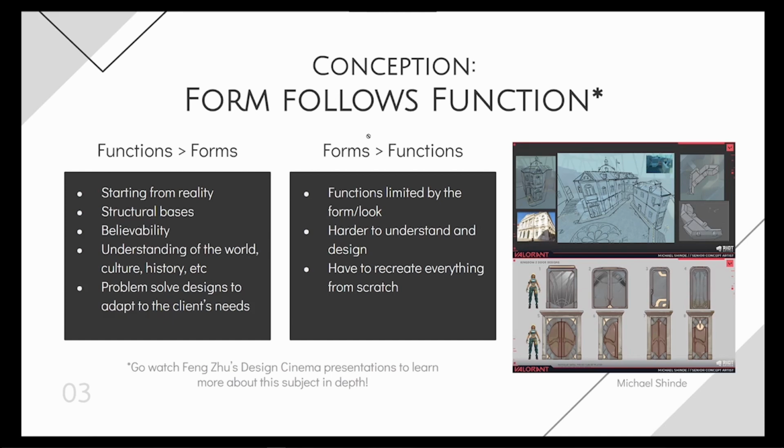Sometimes, especially with sci-fi, it's the hardest thing to design, especially if you don't know the context of what this weird thingamabob is, or some really abstract building that doesn't indicate anything. I don't know what type of building it is. And at the same time, you have to recreate everything from scratch. For example, I know some people who are like, oh, I want to make this whole universe by myself, recreate everything.